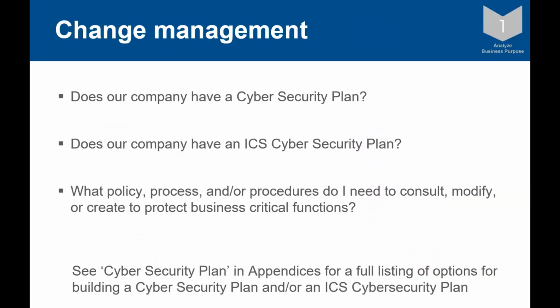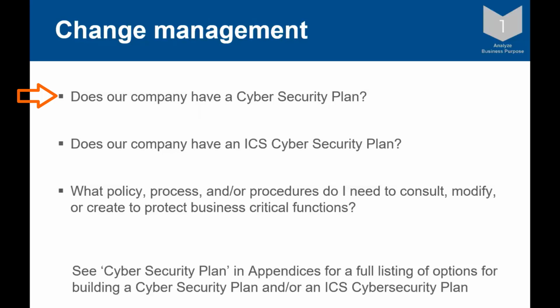A very important thing to consider when you're thinking about criticality analysis and business purpose is, does my company have a cybersecurity plan? And for the industrial control system processes that are used for my business, are there policies and procedures associated with that from a cyber perspective that I can actually point to?